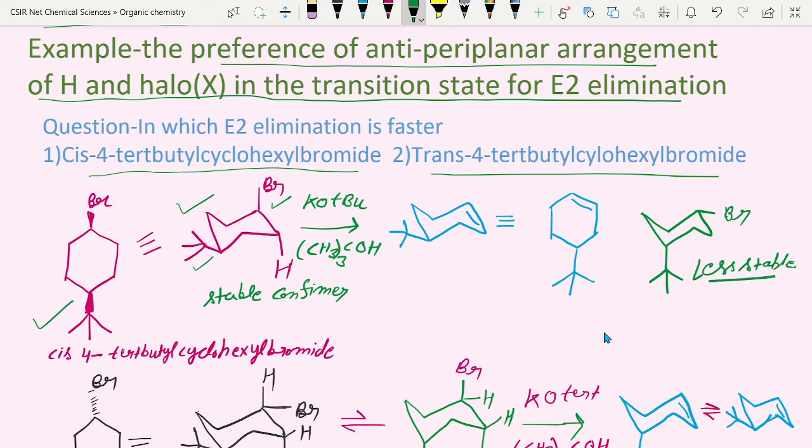So if we have cis-tertiary butyl cyclohexyl bromide, it will prefer to exist in the stable conformer. We have written the stable conformer here. When it reacts with potassium tertiary butoxide in tertiary butanol, E2 elimination will happen and tertiary butyl cyclohexene will be formed. This will be our product.